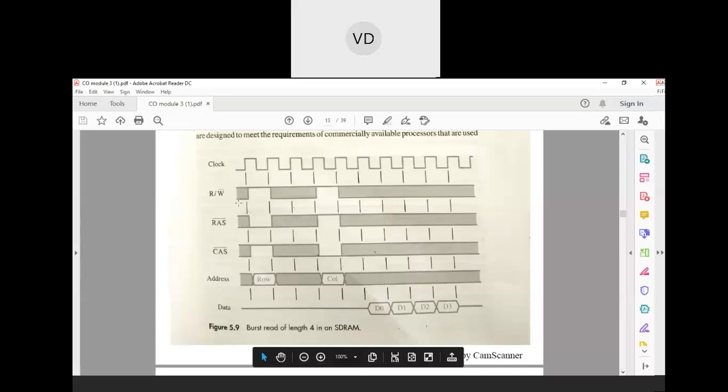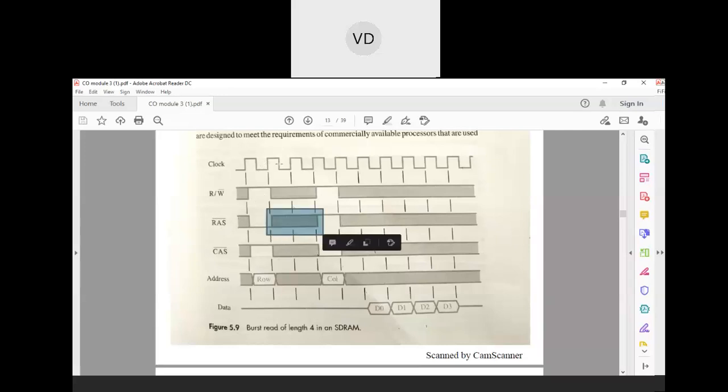First, under the control of the row address strobe, the row address is strobed in the first cycle, and it takes a delay of 2 cycles. See, this is one cycle and this is another cycle.